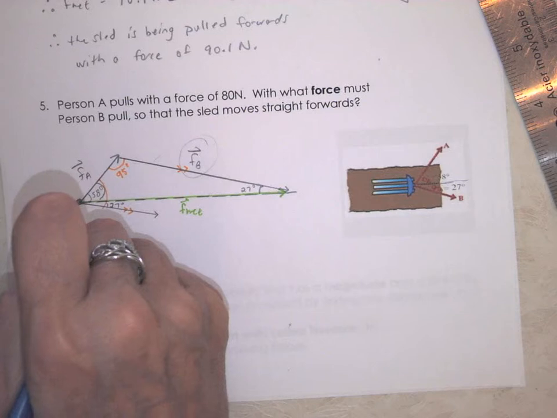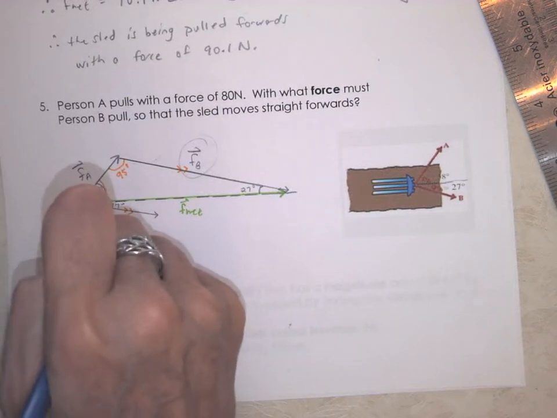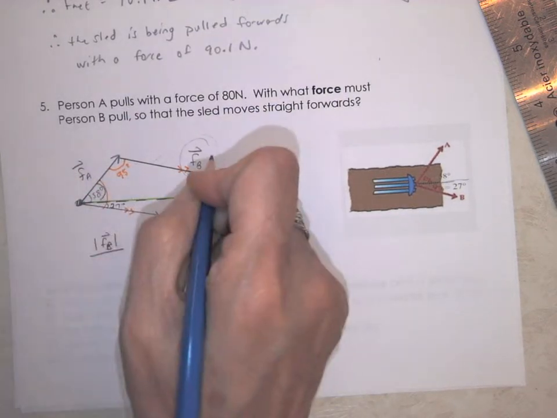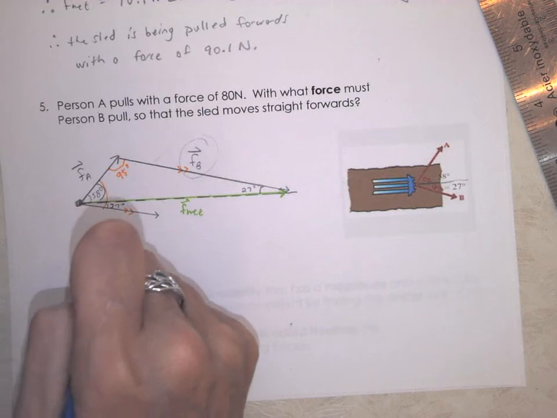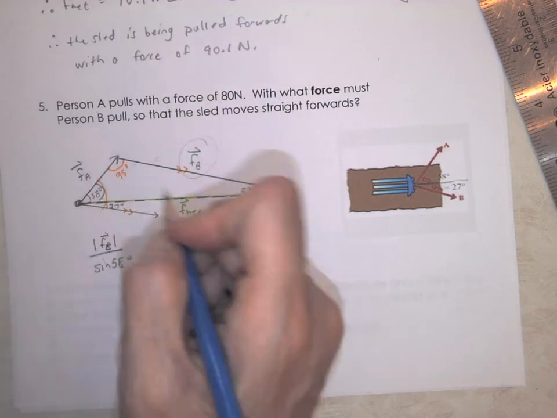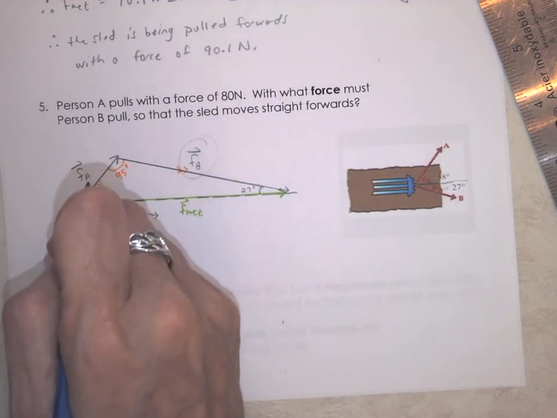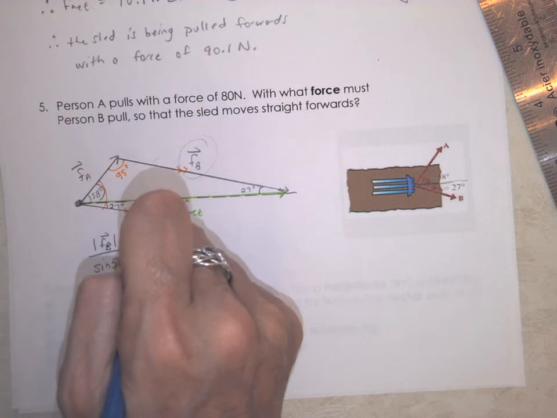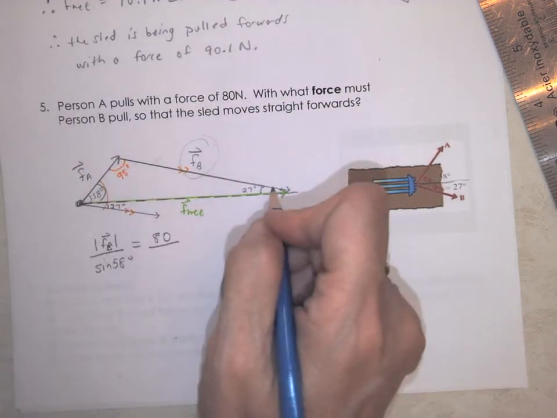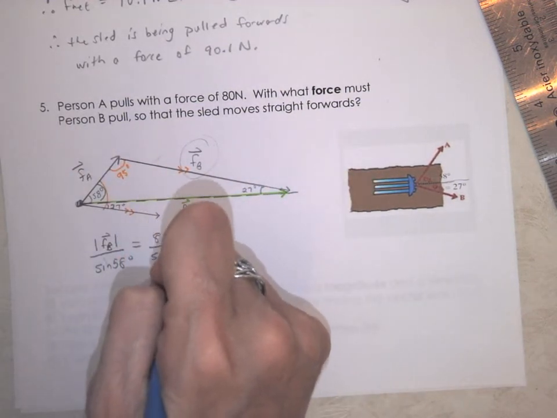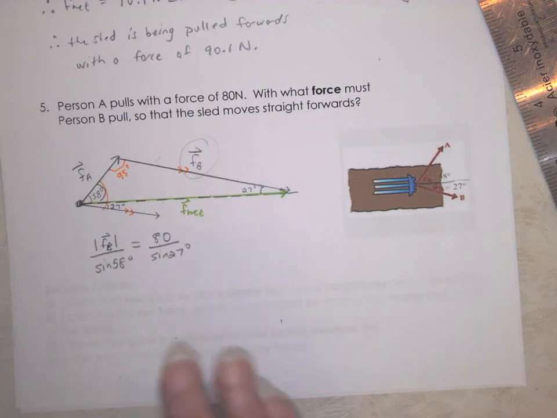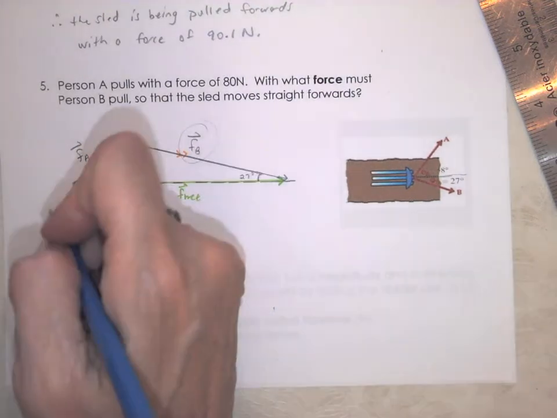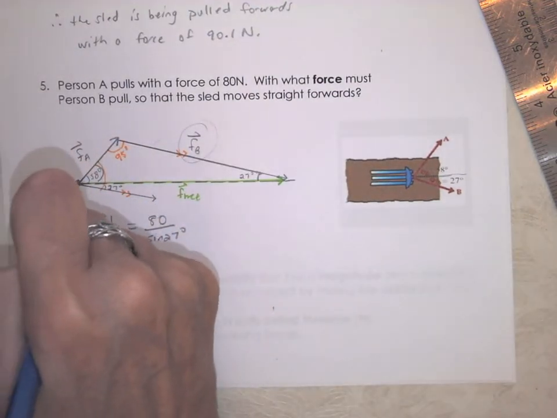So the magnitude of the force that person B has to pull with over the sine of 58 degrees, the angle opposite, is equal to, so the side we know is the 80 newton force that person A has to pull with over the sine of 27 degrees. And we can multiply both sides by sine of 58 degrees.